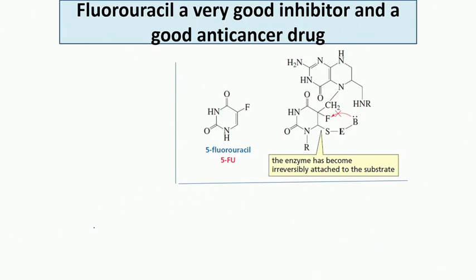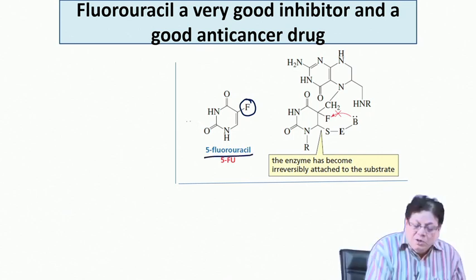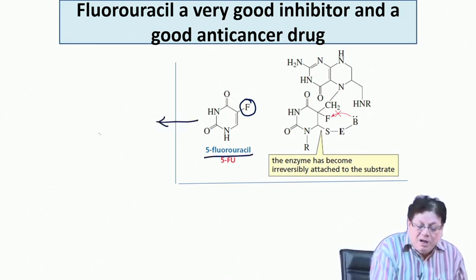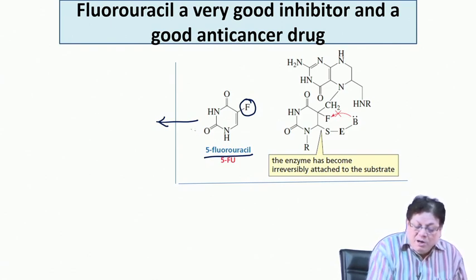Just to finish up, now if you have a fluorine to start with, not the hydrogen, not uracil, this is called 5-fluorouracil. In the body it is attached to the deoxy sugar and then the phosphate.